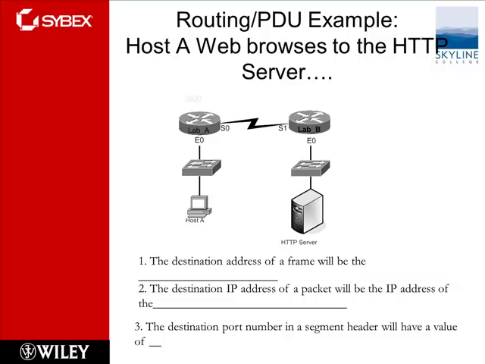This is one, and I think you've seen in the questions, the destination address of the frame will be routing PDU example, host A web browser to the HTTP server. The HTTP server is over here. Host A is going to have in its header information the destination IP address of the web server. How's it going to get there?